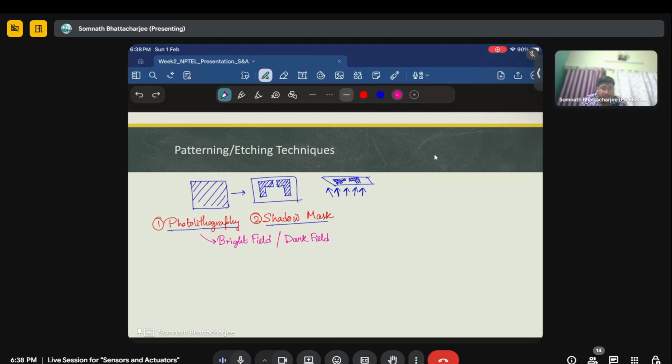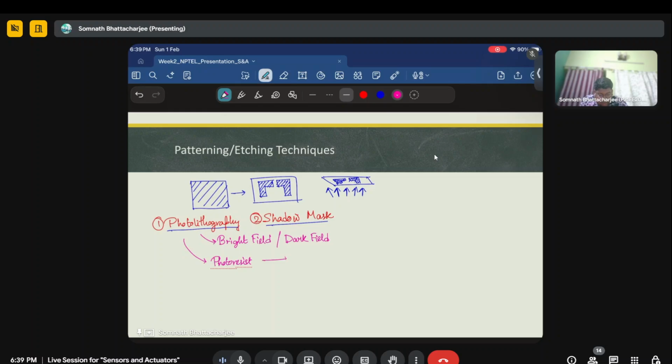Now there is the chemical that involves the printing of these kinds of patterns onto something. And the chemical is called PR or photoresist. So these photoresists can be of two types.